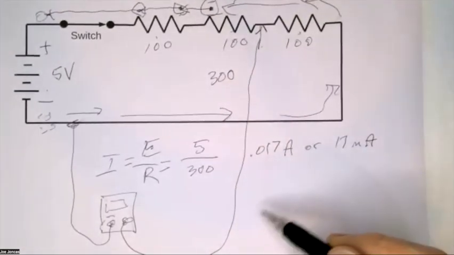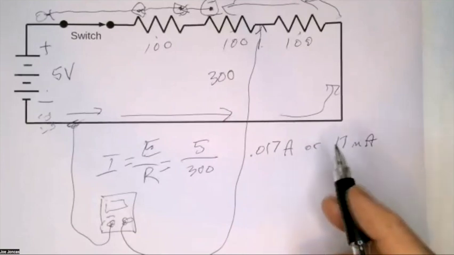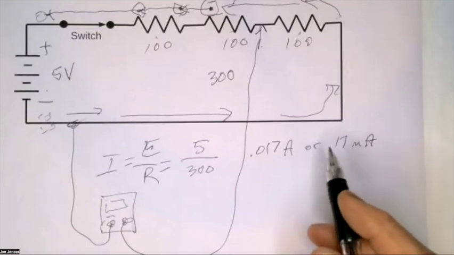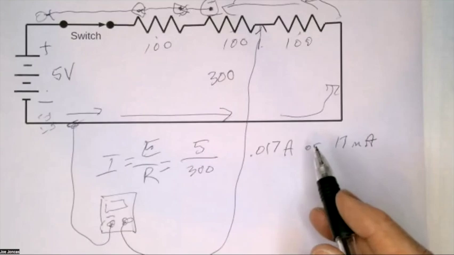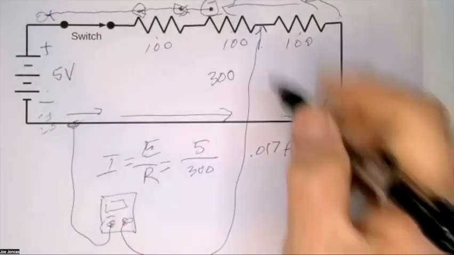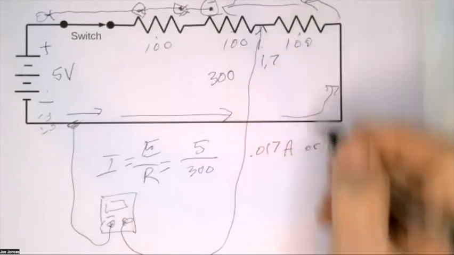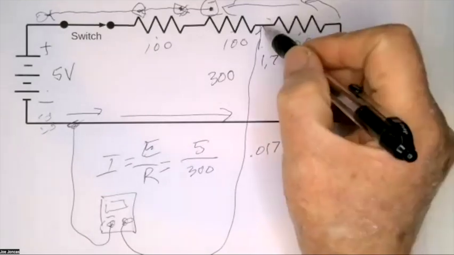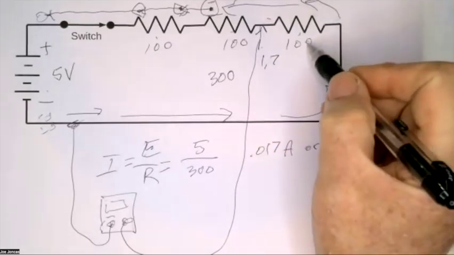What's going to be the voltage? I know that you can't quite easily do that in your head, but it'll be 1/3 of 5 volts. And I'm just going to call it 1.7, that's close enough. So the voltage across this resistor is 1.7 volts.